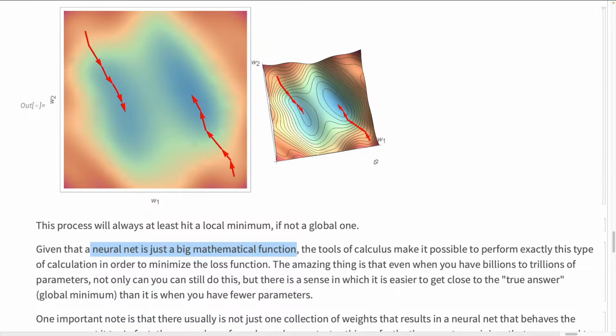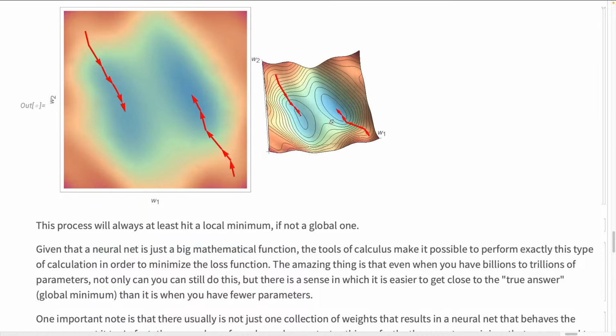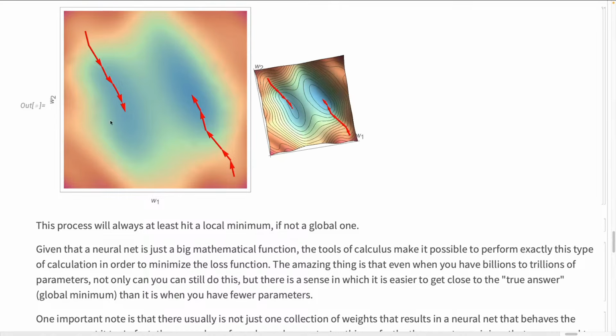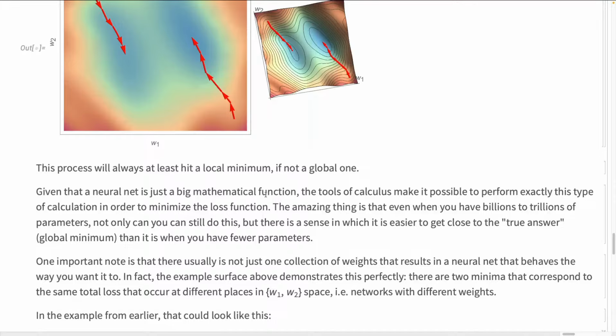There's not just one length 1 billion vector that specifically points to the minimum. You can see here, you can have a loss function where you could be here or here, and you have the same total loss, but different values of the 2 weights. So when you minimize the loss in your network, the weights are not going to some preordained truth. They're just following along, and eventually you end up at a place where they are hopefully locally minimized.